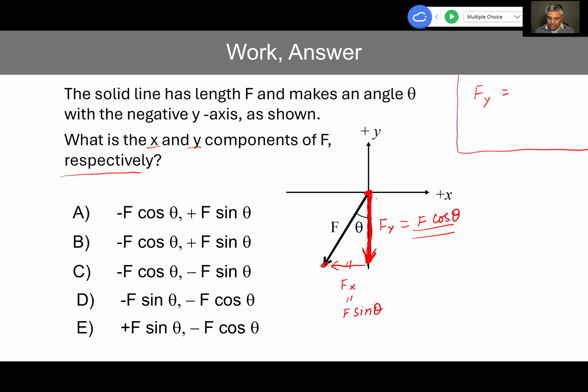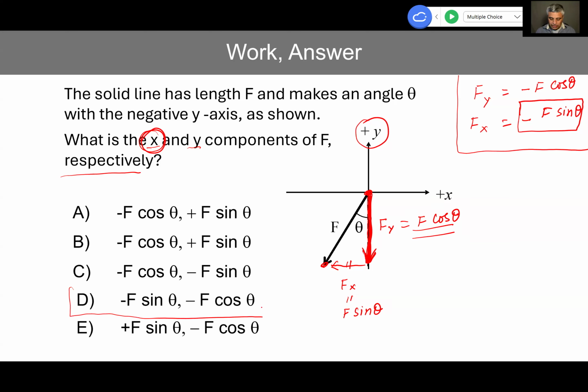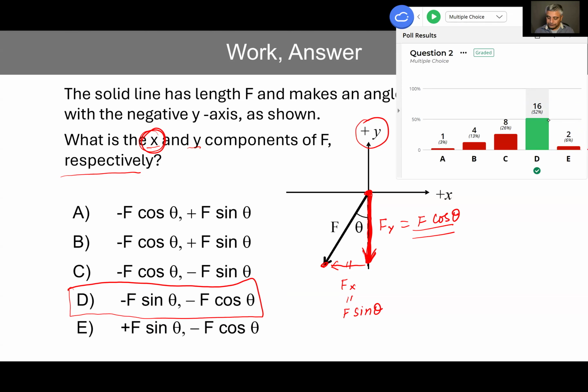Since this is pointing down and we chose up as positive, this must be negative F cosine theta. Similarly, the x component is going to be negative F sine theta. So both of them are negative. In this question, it's asking us to first write the x component, so we need to write the one with the x component first. That's why D is the correct answer, just like many of you chose.